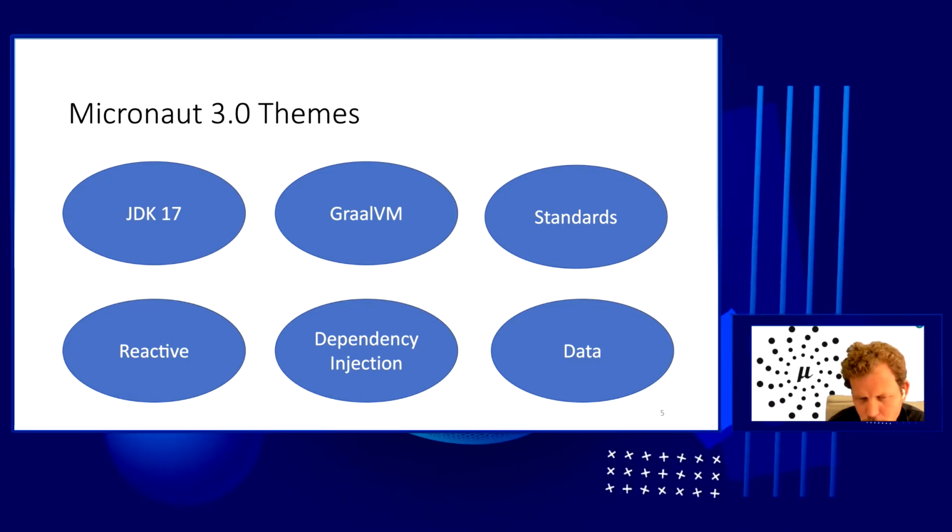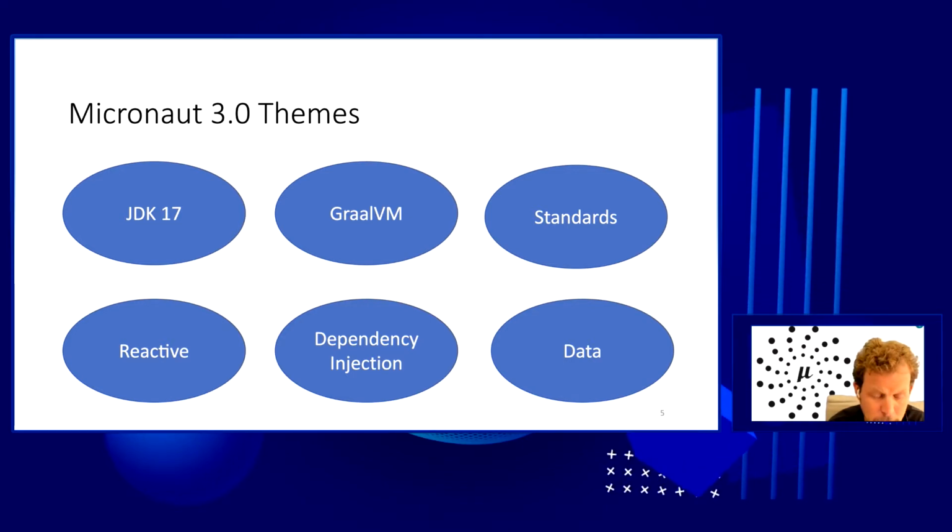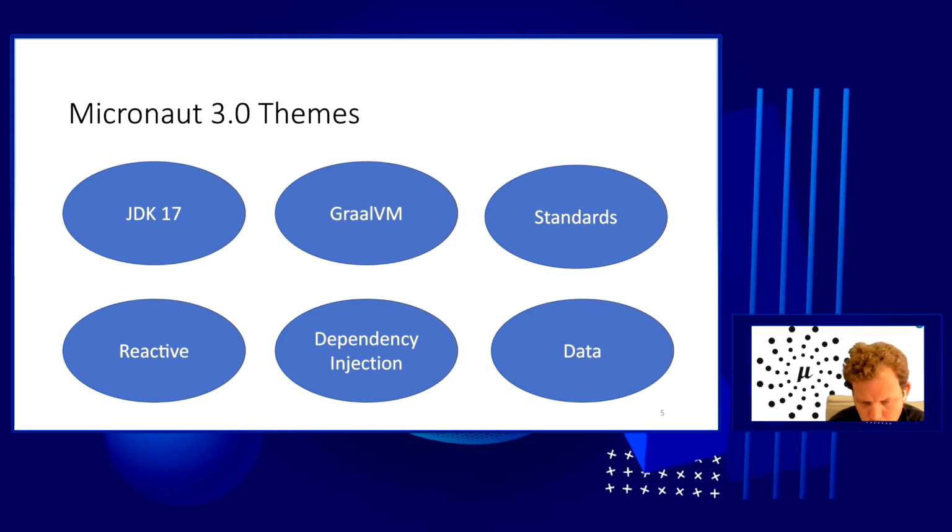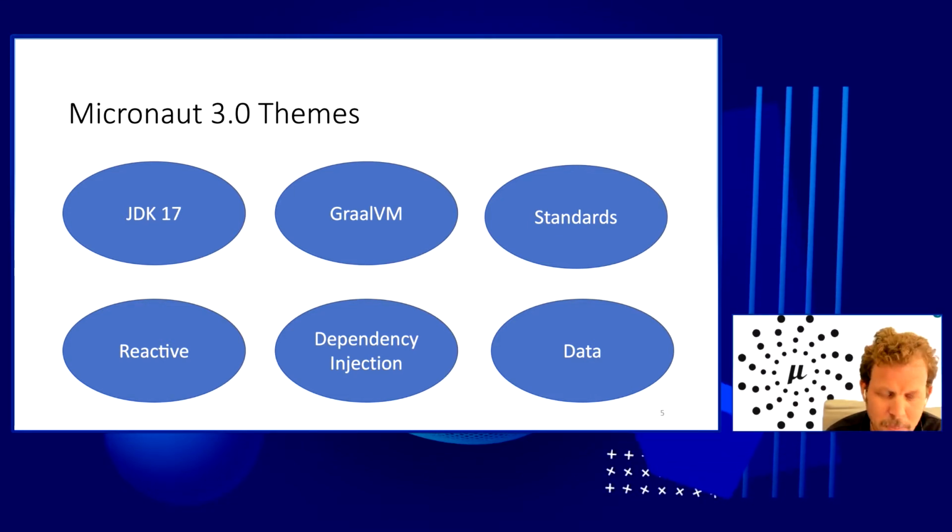So we are gradually moving Micronaut towards one day supporting a revision of the CDI specification called CDI Lite. Many different features were added to Micronaut 3 to support it becoming a CDI implementation at some point in the future with the build time profile.